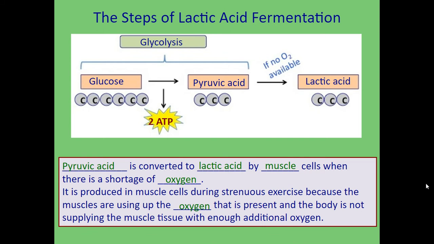But remember, our muscles don't consistently stay in lactic acid fermentation. After you perform that strenuous exercise and you rest, your heart rate goes back down, and your muscles get plentiful enough oxygen. That lactic acid gets changed back into pyruvic acid and then enters the mitochondria for the Krebs cycle and electron transport chain to take place.